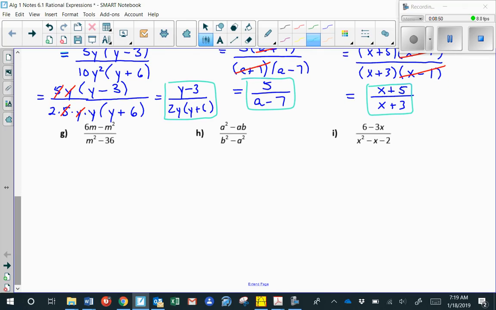All right, in G, one of the things that you might notice about this one is that the numerator is not in descending powers. The first thing that we're going to do is to write the numerator in descending powers and the denominator in descending powers.